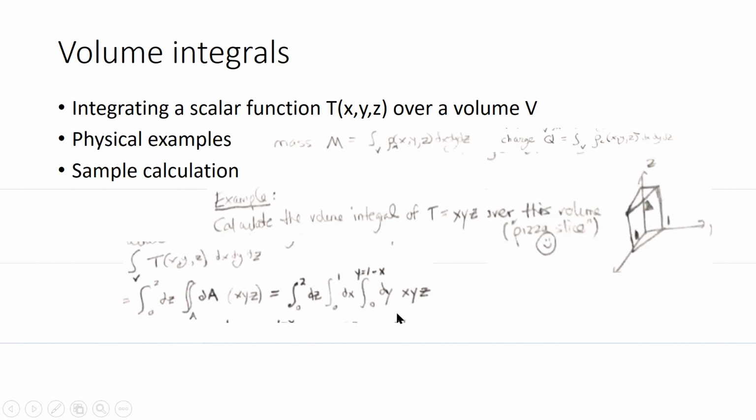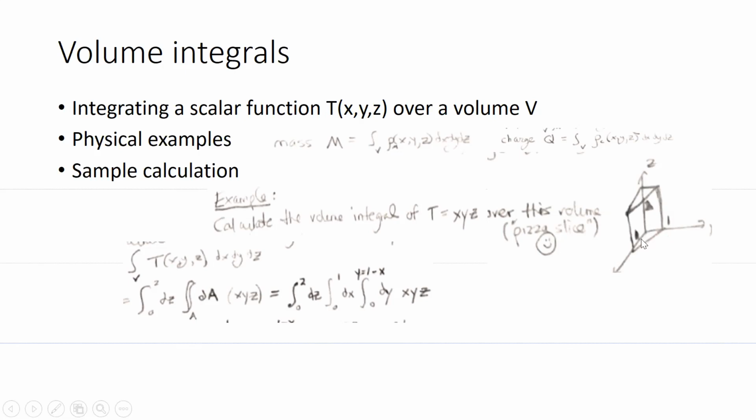Now this is the tricky part of the volume integral, which you may have run into in a math class, or possibly not, but let's take a look at it here. As we move in x, the limit of integration over y changes. So for x equals 0, our limit of integration would be 0 to 1.